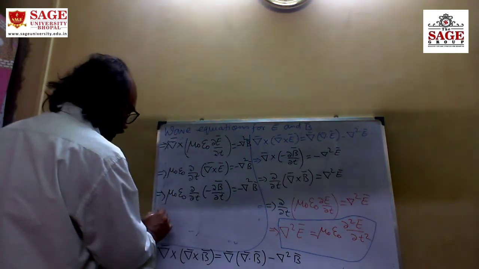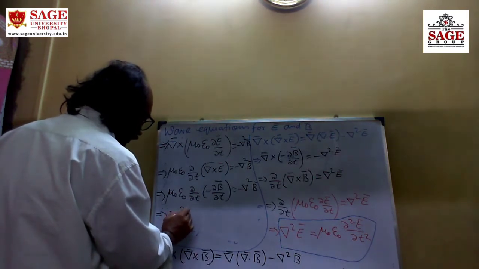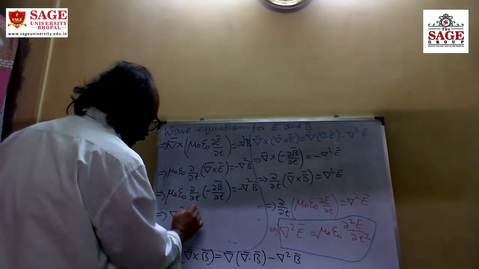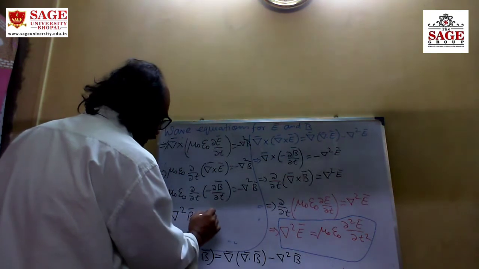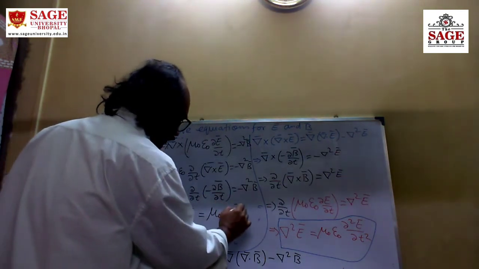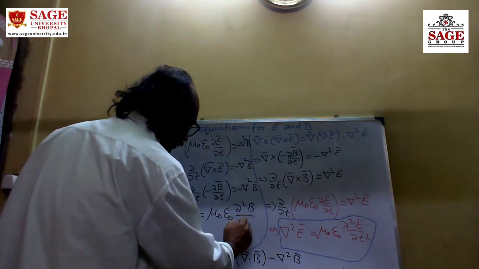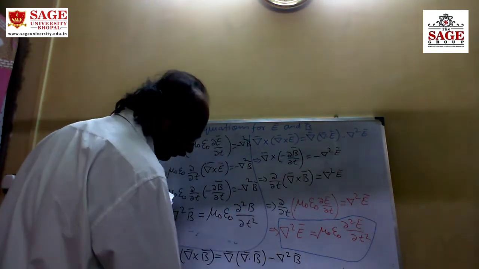Minus minus will cancel out, rearrange it, and we'll get del square B is equal to mu naught epsilon naught del square B by del t square.